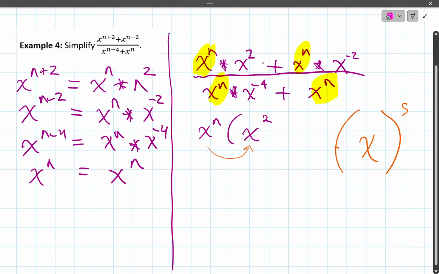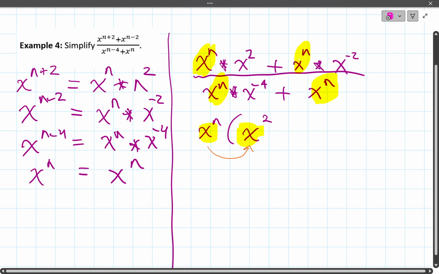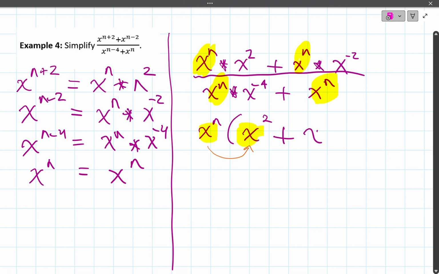When we have brackets like this, we multiply the indices. So notice how these are indices. What we've got here is the whole thing, x to the n times x to the 2. So don't be confused with that. We're going to add those when they are multiplied. So plus x to the negative 2.